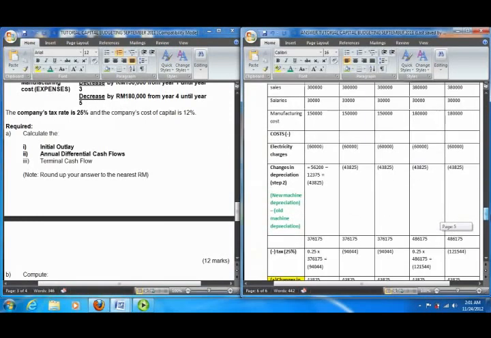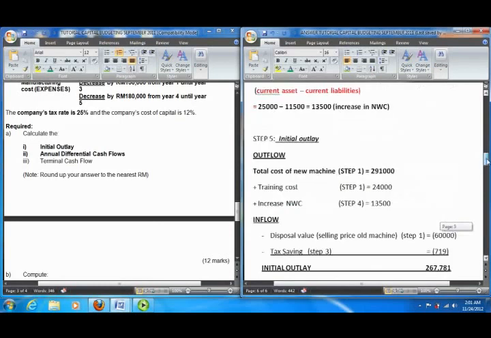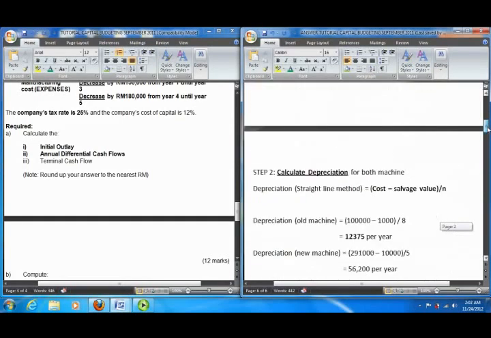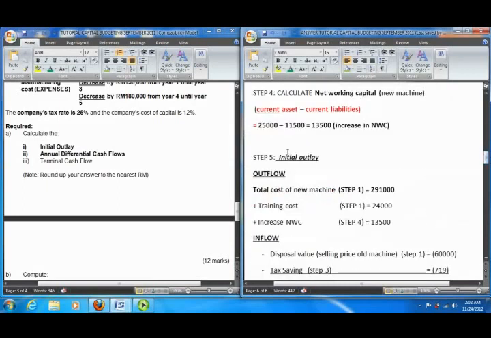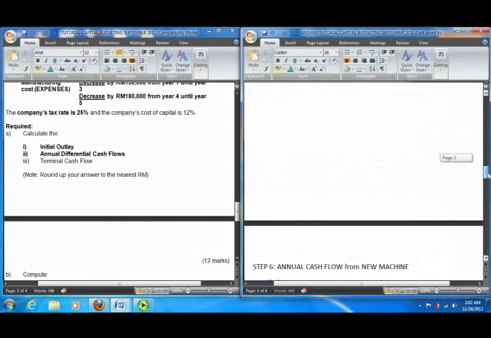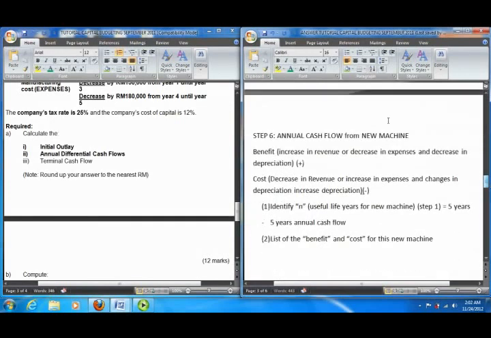So this is the whole story of capital budgeting, part of the story, alright? As I told you, class, before you calculate the question, we must do step 1 to step 4 to make your life easy.